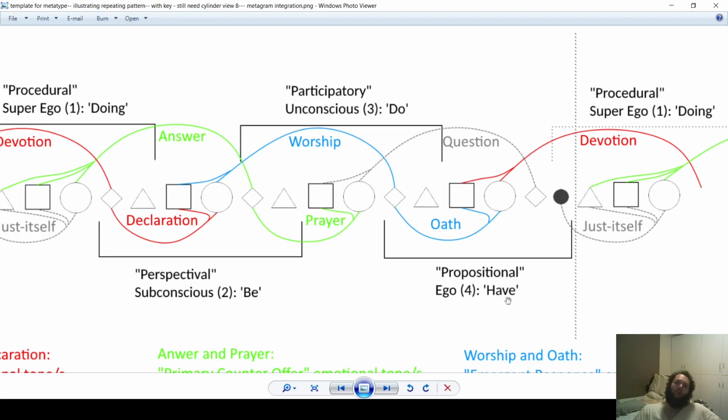And then the ego as well can have its own kind of trapping in this. If you're very invested in your ego and there isn't an integration between these things, you can be very hypothetical. You can be very imaginative in some sense. You can just devolve into your own kind of propositional thought experimentation.